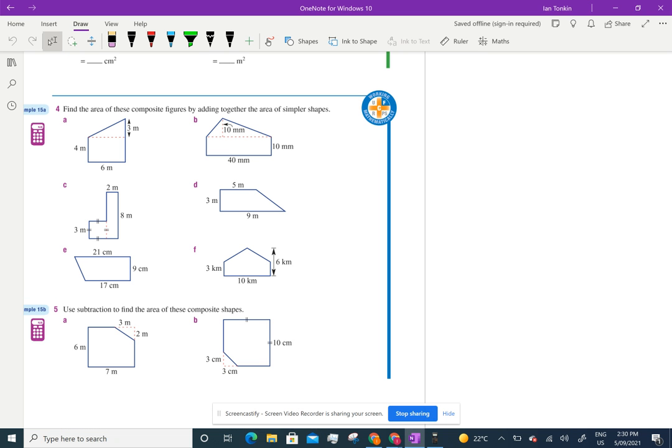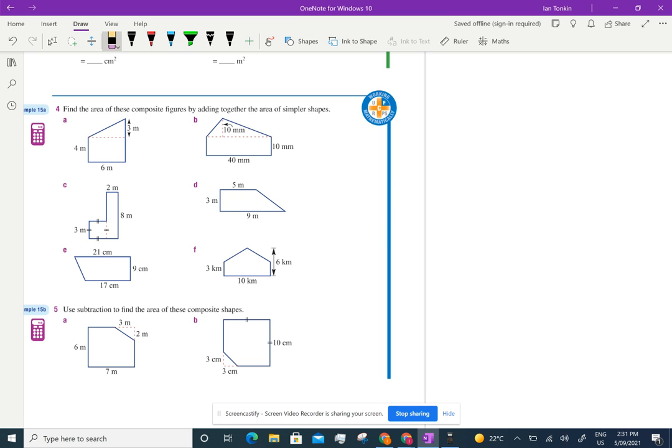What we have here are shapes that are made up of several bits. For example, if I look at the very first one in question 4, we have a rectangle and we have a triangle. So the area would be finding the area of those two shapes and adding them together. If I look down here, I've got a square and a rectangle.